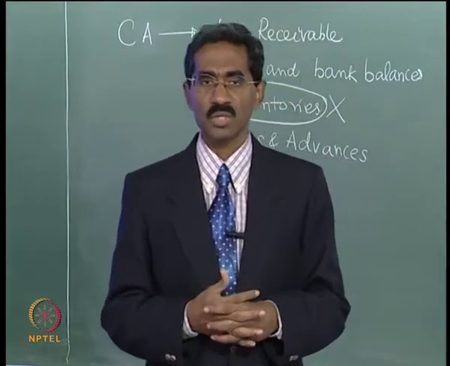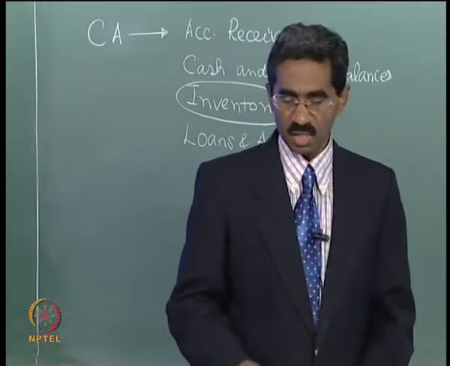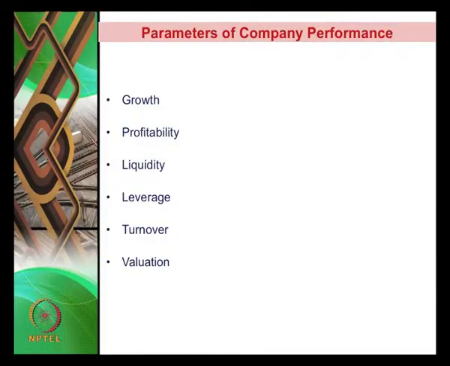Now let us continue where we left off from the previous class. The parameters of a company's performance, we broadly discussed, can be classified into 6 categories. These are not the only parameters, but these are the main parameters that are most commonly looked at, and we will also restrict our discussion to these 6 parameters.